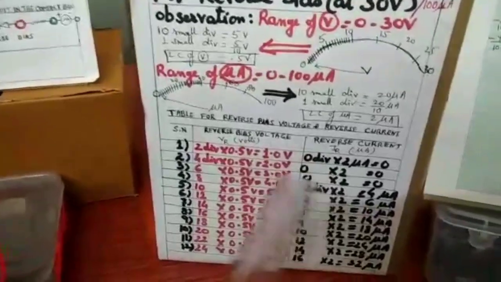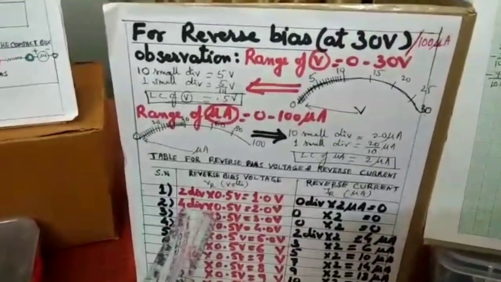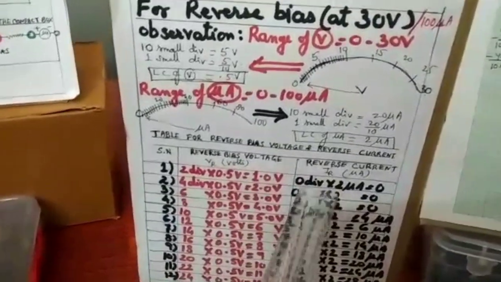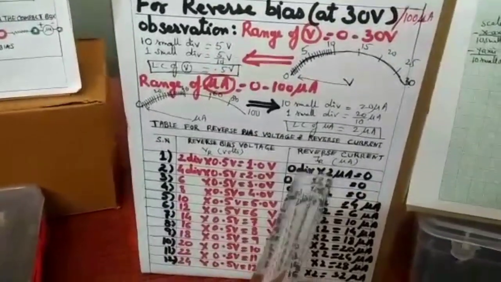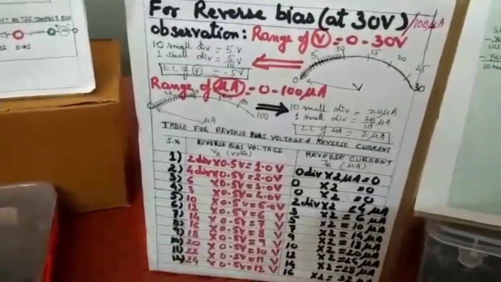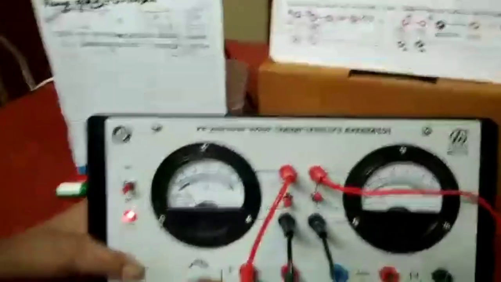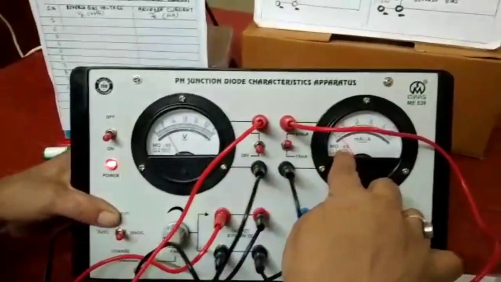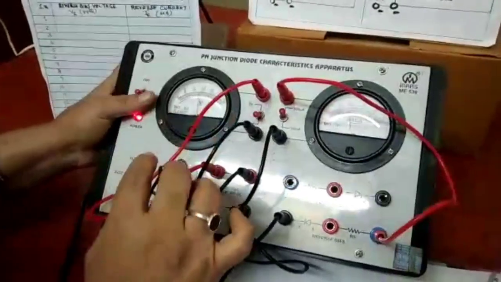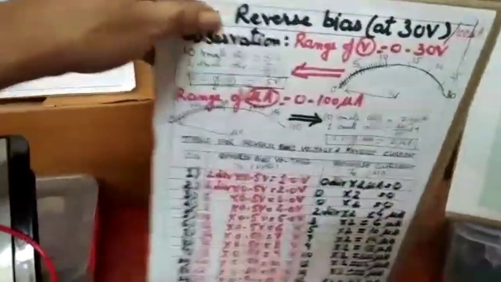For 2 division, 4 division, 6 division also we are getting no microcurrent. Then slowly, when I increase the voltage, you can see the corresponding current is increasing.